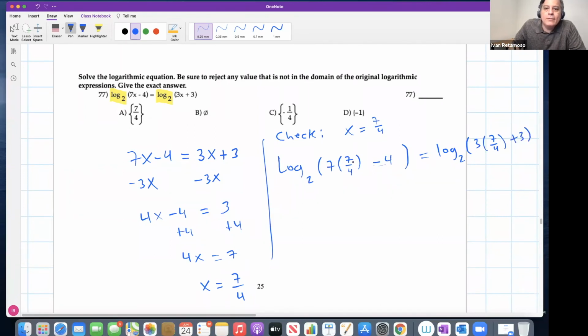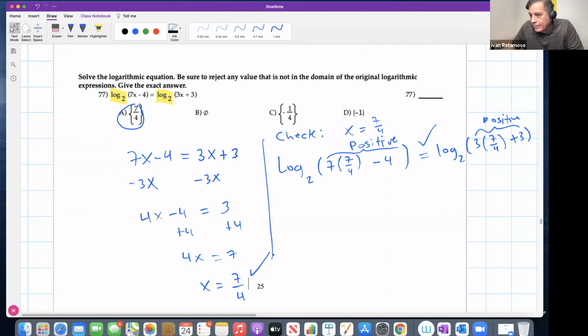Look at this, guys. This is 49 divided by 4 minus 4. 49 divided by 4 is more than 4, so this whole thing is positive. And this one is also positive, the sum of two positive numbers. So if they're positive, they will check. So just take it and that's it. Or if you have time, you can go all the way down. You will see that you will get a perfect match there. So this checks, and therefore 7 over 4 should be a good solution. Very good. All right, guys, that was one example.